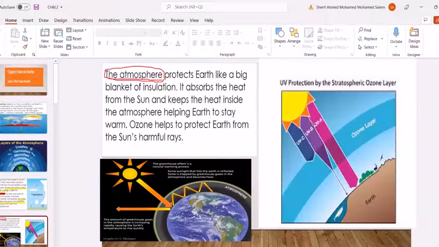So it protects the earth from the sun's harmful rays. Again, what is the importance of the ozone layer? Yes, teacher. The importance of it is that it helps protect the earth from the sun's harmful rays.